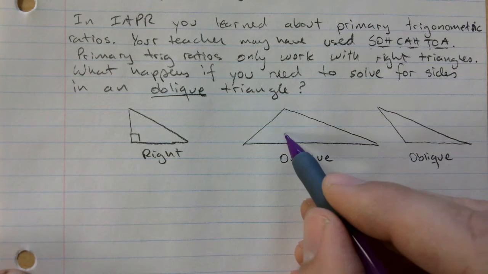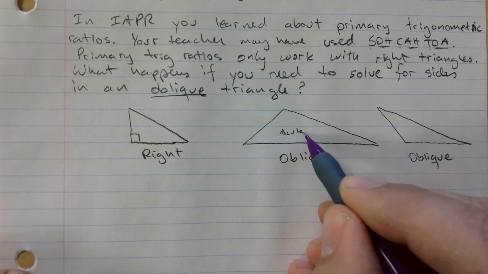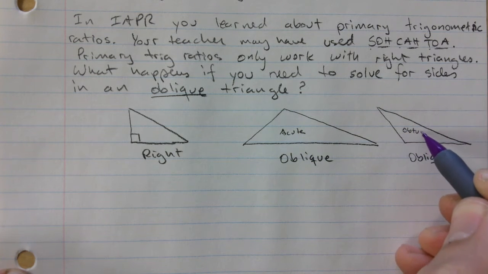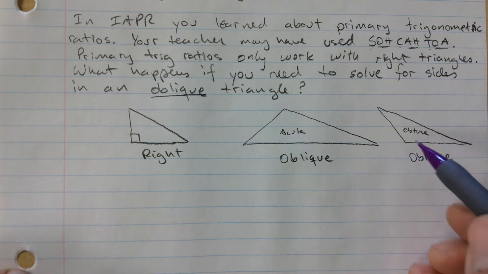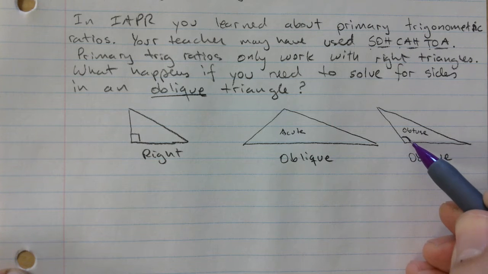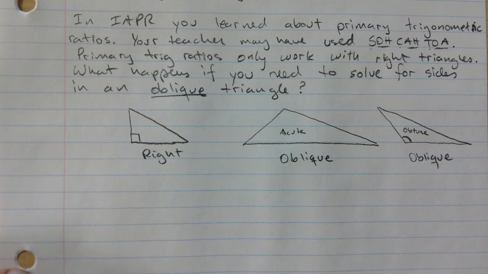So I will maybe say, this is an acute, this is an obtuse, because it has one angle that's bigger than 90. That makes a triangle obtuse right away.